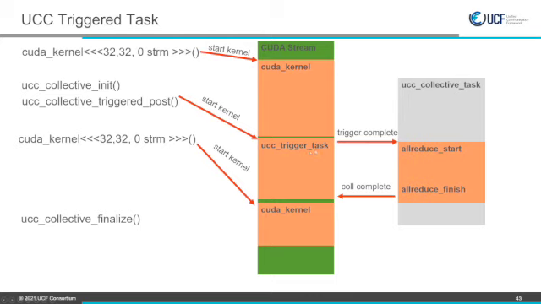Once the UCC trigger task generates trigger complete, the UCC collective task starts allreduce. At this time, the UCC trigger task waits for notification from the collective task that allreduce is finished. And when it gets this notification, the UCC trigger task ends and the next CUDA work can be executed.